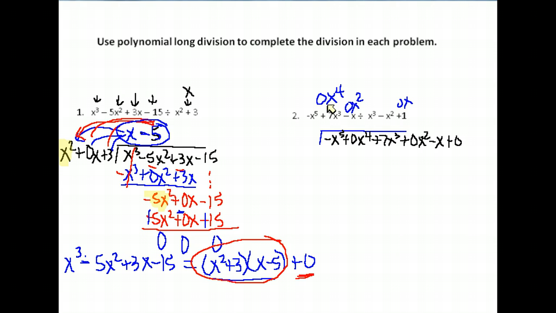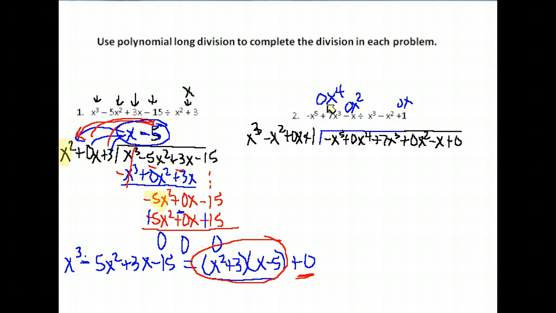And you can put a 0 on the end here just in case we need that, because notice we were missing our constant term also. What are we dividing by? We're dividing by x to the third minus x squared plus 0x plus 1.